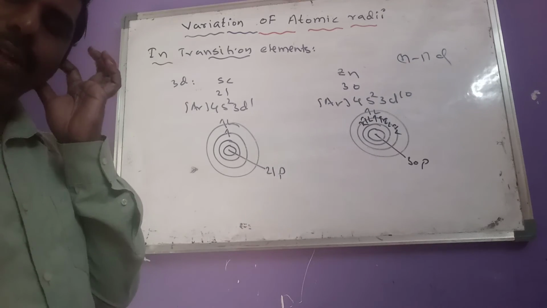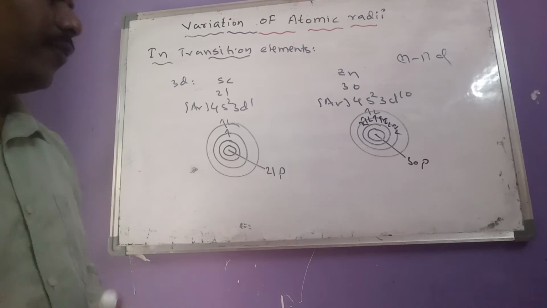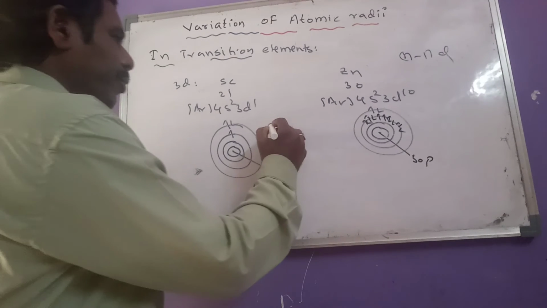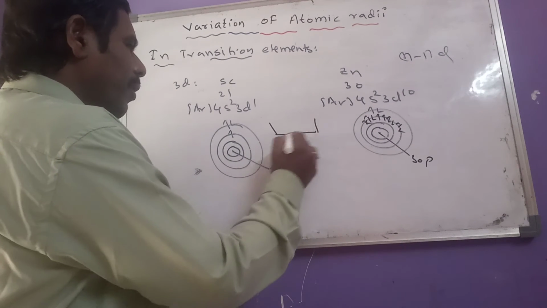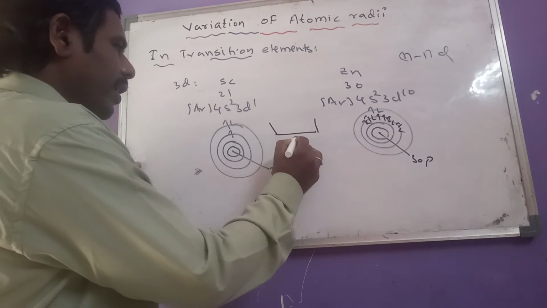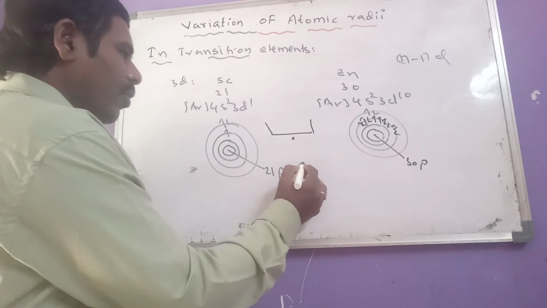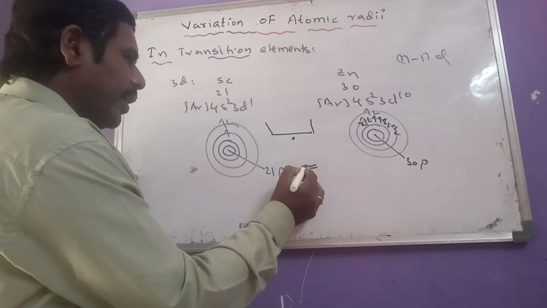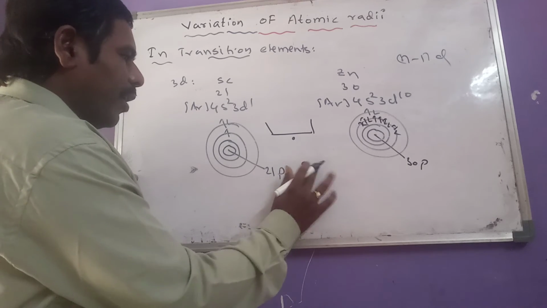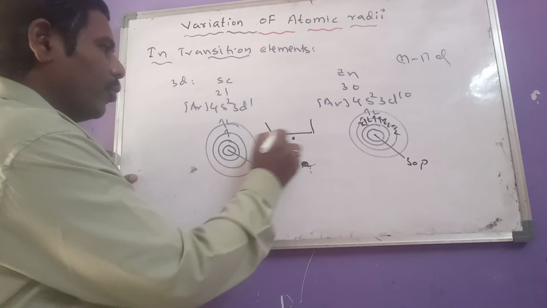If you want a clear explanation for this, here is one simple example. Let this be the football court. Here only one goalkeeper is there. Now some player kicks the ball from this end into the goal.